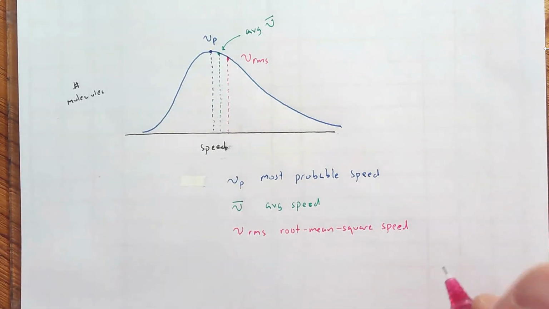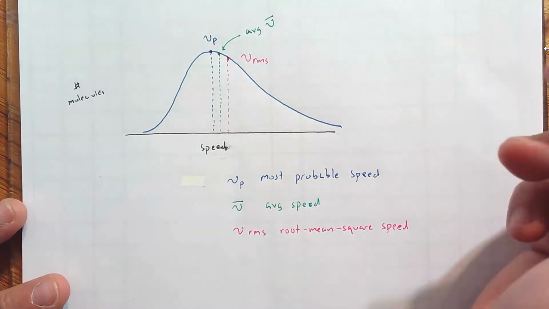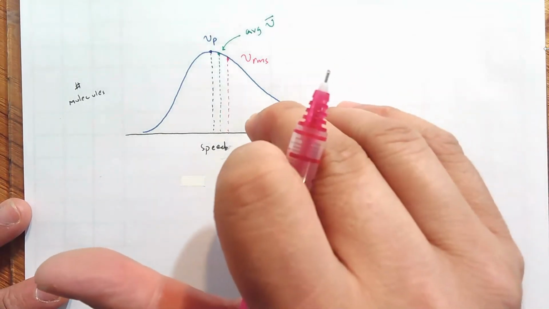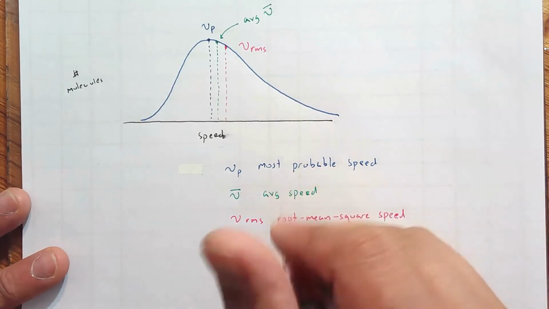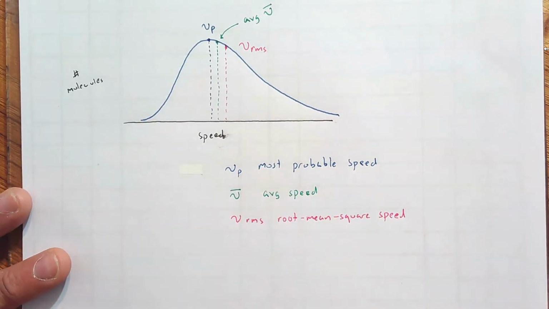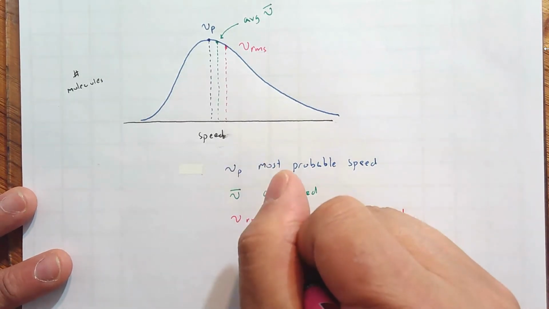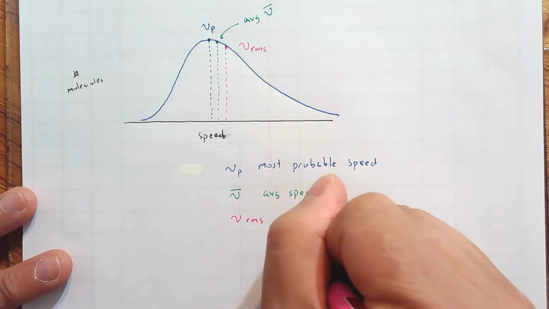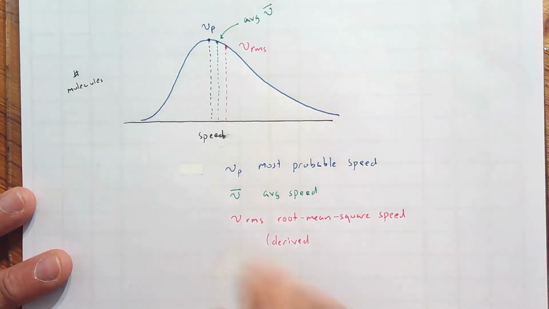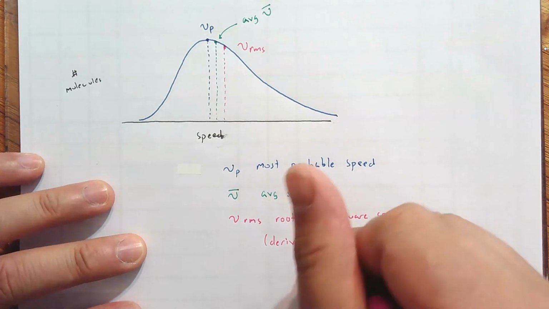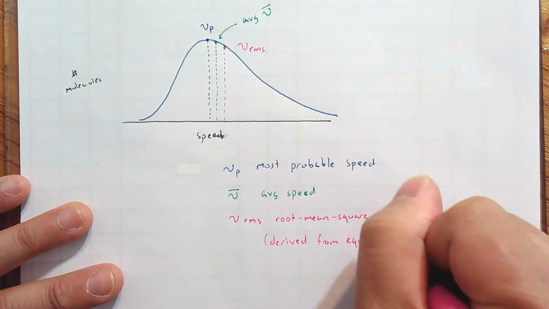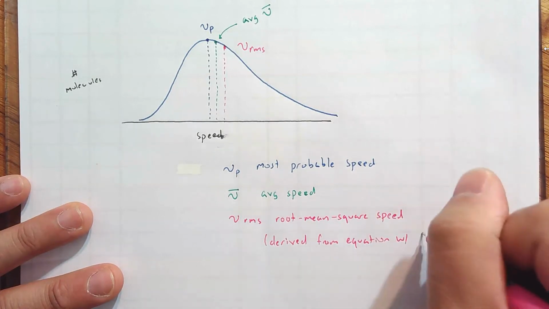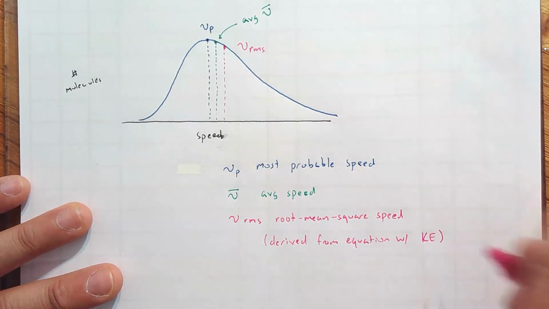It's a weighted average, so it gives more emphasis to the molecules that have a higher speed. We could also think of it as this was derived from equations about kinetic energy. So this is the more important of the three. It was derived from equations dealing with kinetic energy.